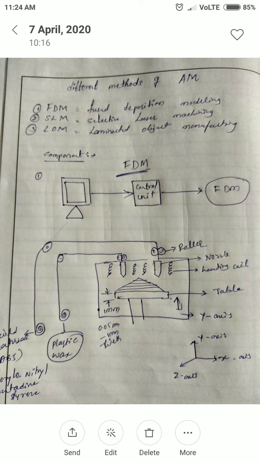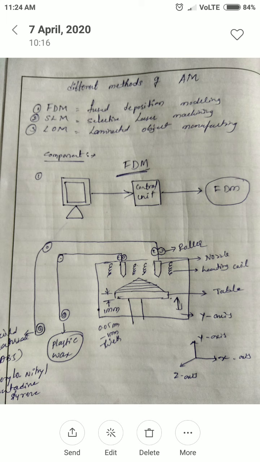From the first semester up to the seventh semester, we have learned different machining processes: drilling, milling, gear cutter, lathe machines, NTM, many different machines, and we also did them in the laboratory component.